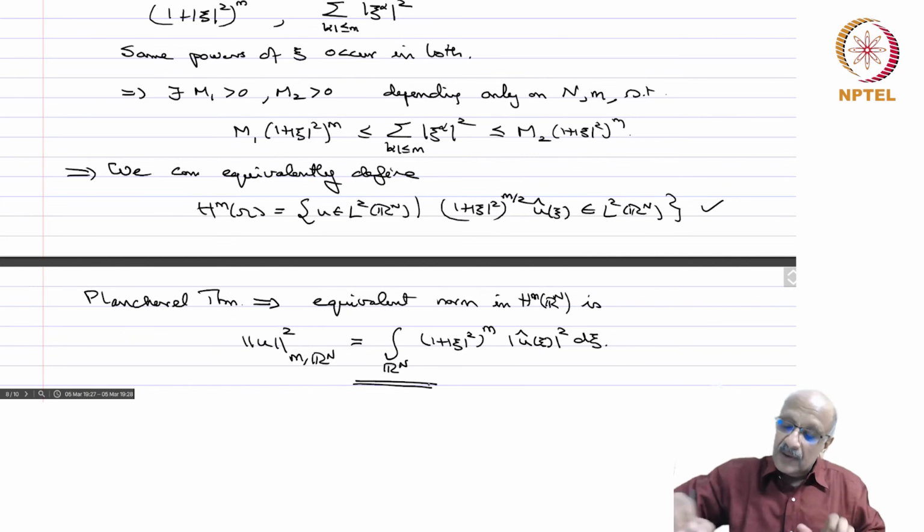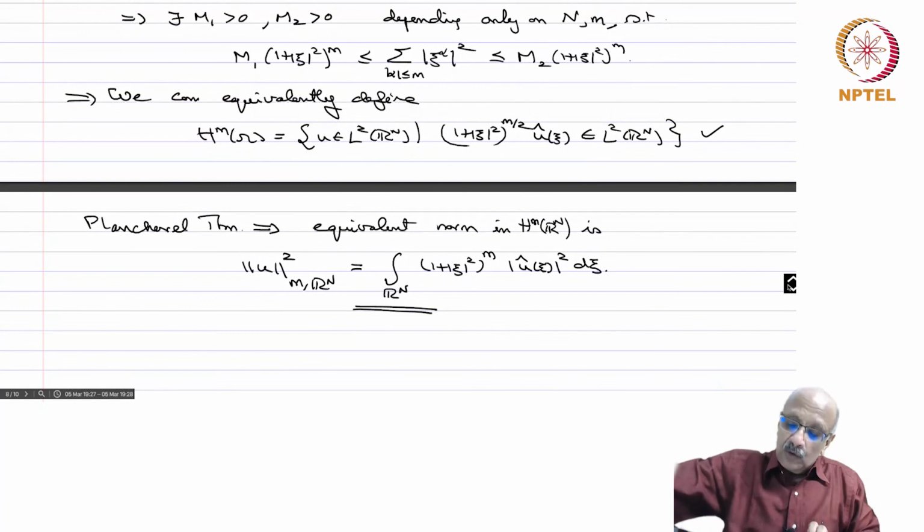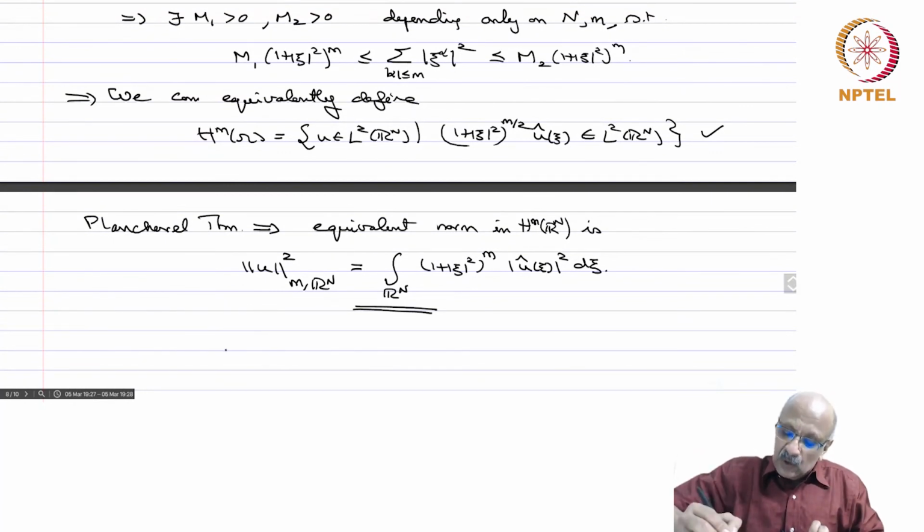Sometimes we will find that this is useful to know. Okay, so we asked this question: is W_0^{m,p}(Ω) the same as W^{m,p}(Ω)? We will answer that question in the affirmative for Ω equals R^n, which we will do next time.